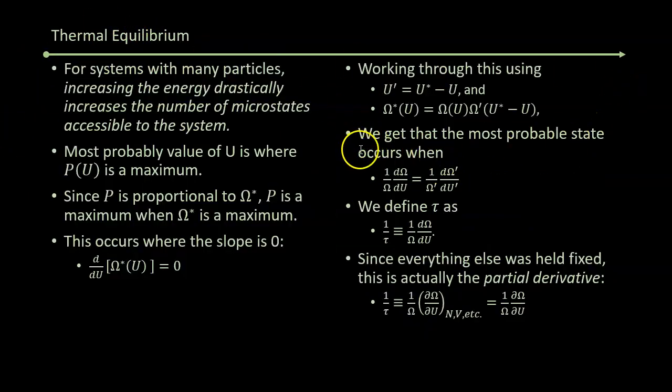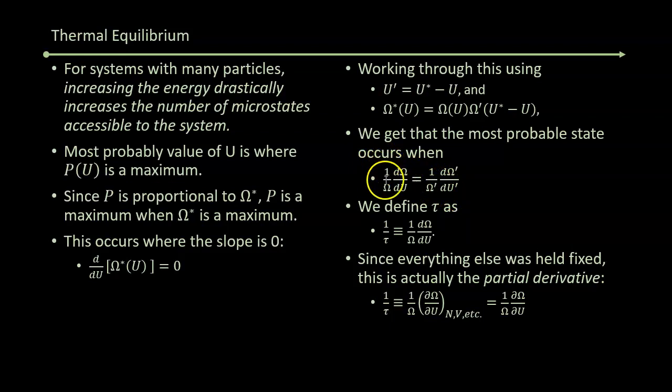All right, so what we get from doing this is that the most probable state occurs when the change in the number of microstates in A with respect to energy over the number of microstates is equal to the change in the number of microstates in A prime with respect to its energy over the number of microstates.